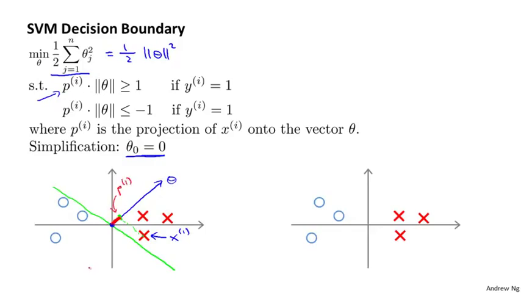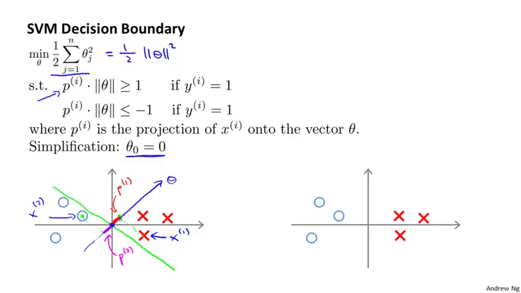And that's going to be pretty small, right? And similarly, if this example here happens to be x2, my second example, then if I look at the projection of this example onto theta, let me draw this one in magenta. This little magenta line segment is going to be P2. That's the projection of the second example onto the direction of my parameter vector theta, which goes like this.